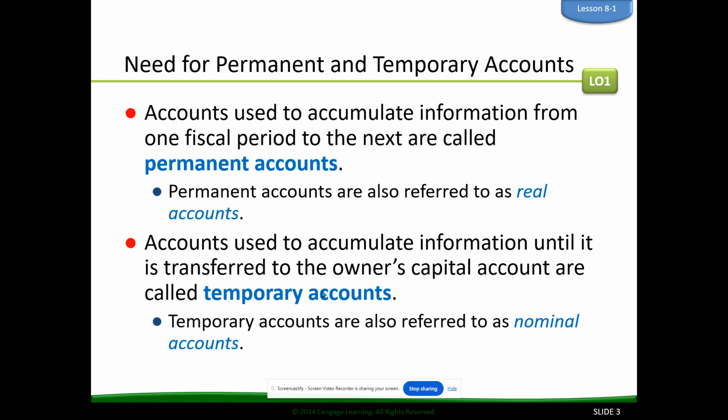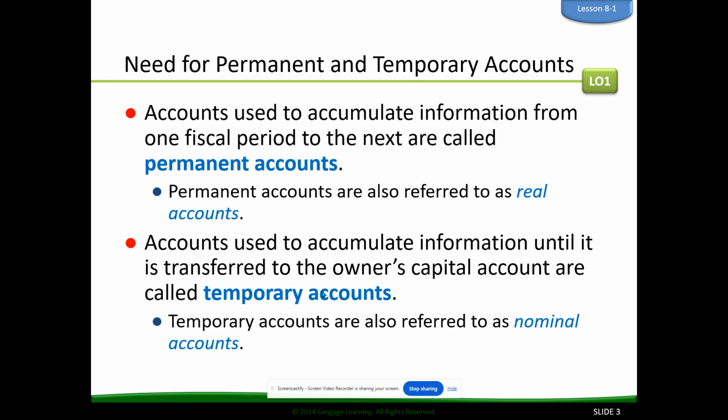So our temporary accounts are our revenue, which is our sales, and our expenses, which is like advertising and miscellaneous and utilities. And then also we have our owner's drawing account.